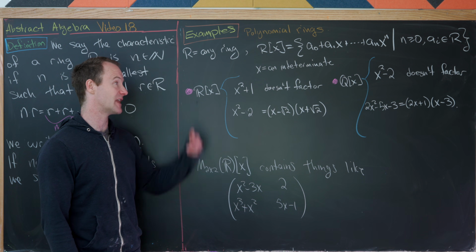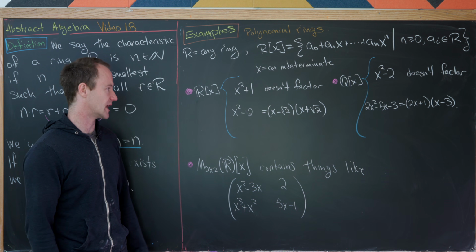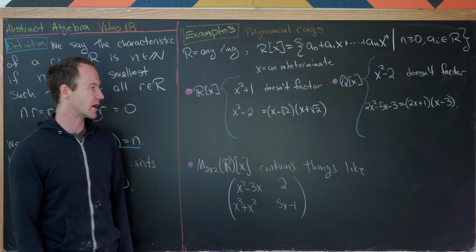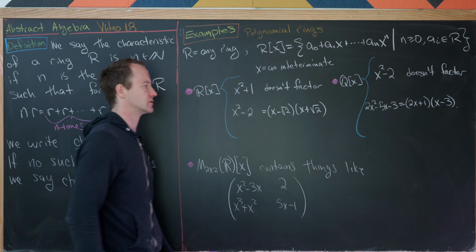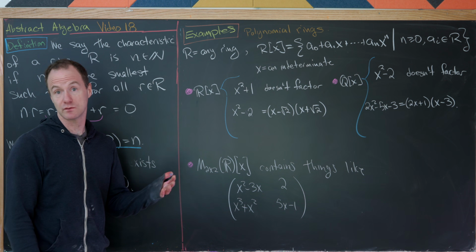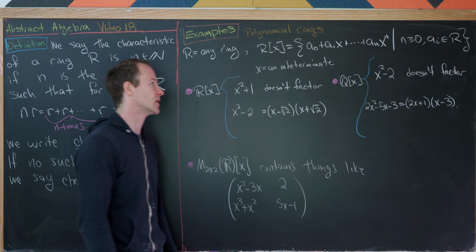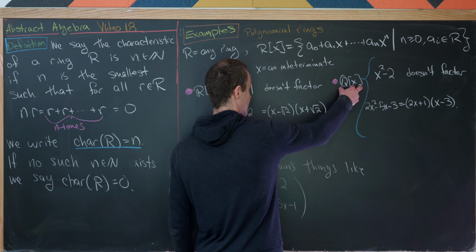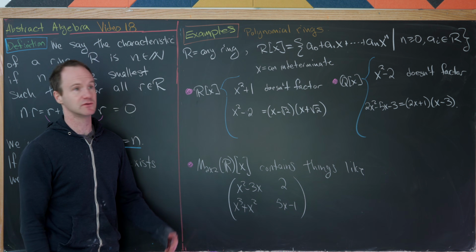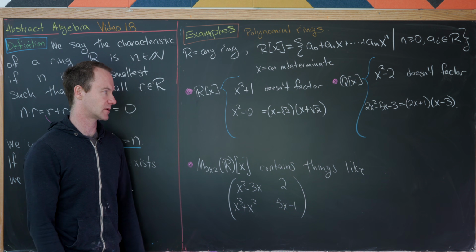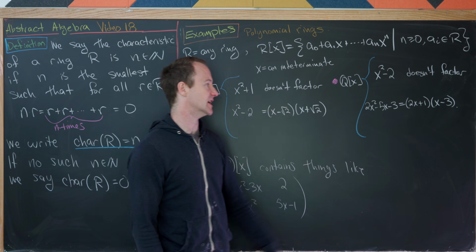So it's interesting that it does not factor in R adjoin x. But x squared minus 2 does factor. It factors as x minus root 2 times x plus root 2, because root 2 is a real number. Whereas if we're in Q adjoin x, x squared minus 2 does not factor because root 2 is not a rational number.